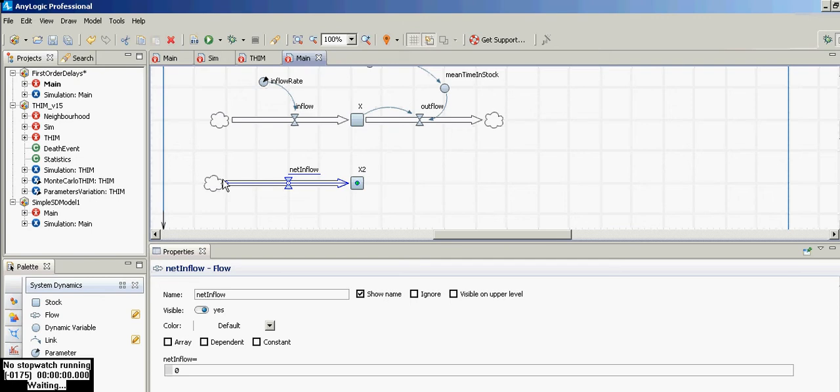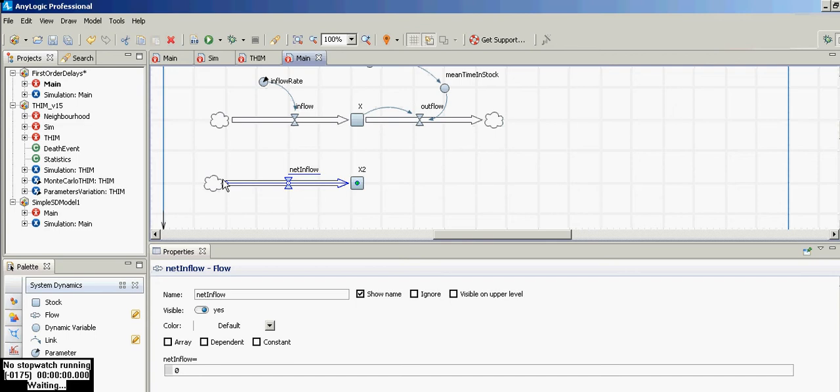I believe Newton preferred dx dt, while his German counterpart preferred x dot. Okay, so can anyone give me a formula? The rate of change of x, it's equal to what?